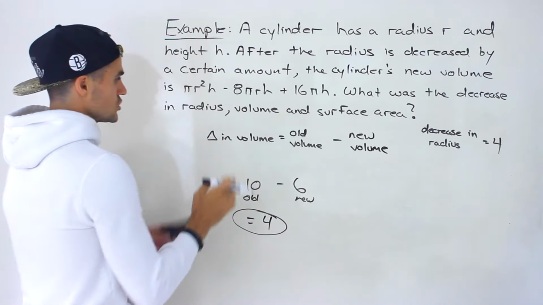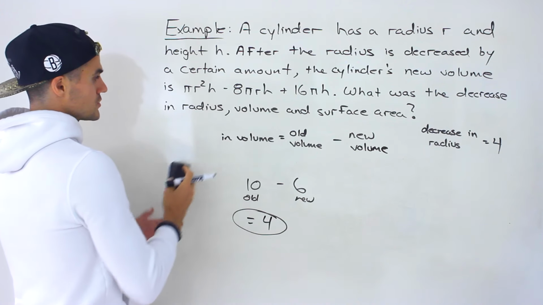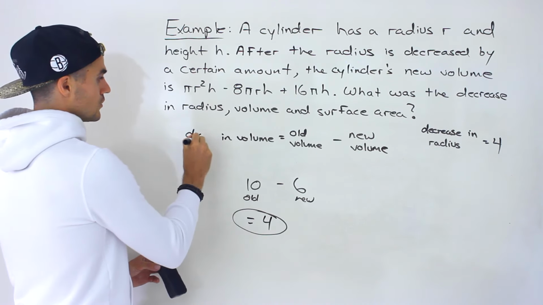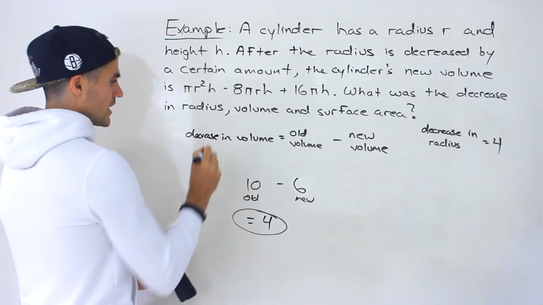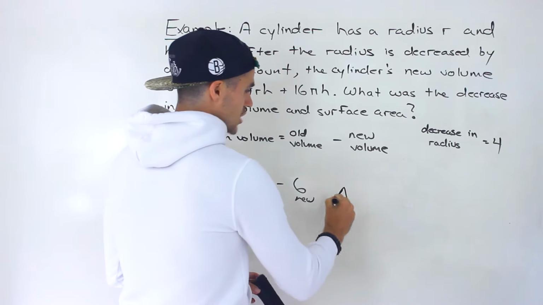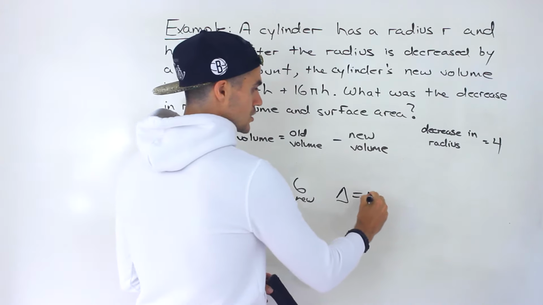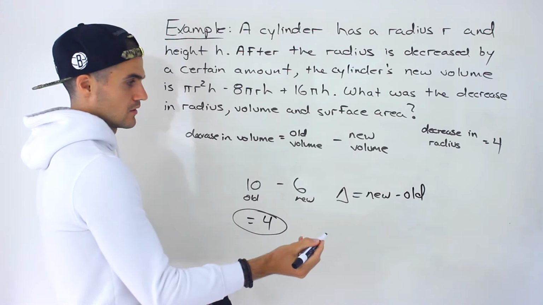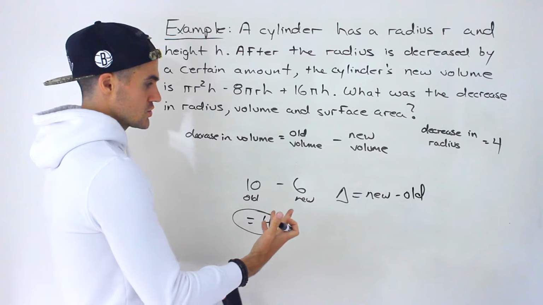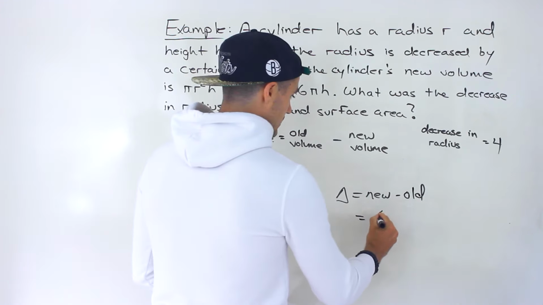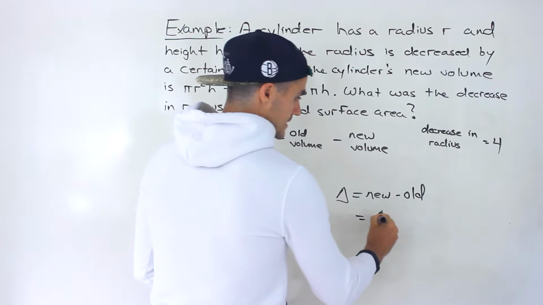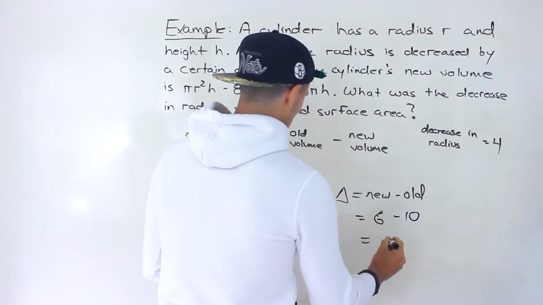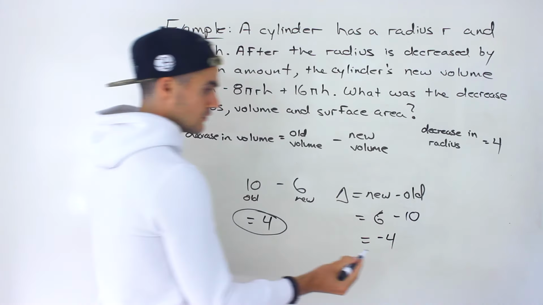So maybe I shouldn't put change in volume here. Maybe it's better to put decrease in volume, because just in general, whenever we're dealing with a change in something, it's always the new value minus the old value. Right? That's the change. So if we go back to this example, it'd be like 6 minus 10, which would give us -4.